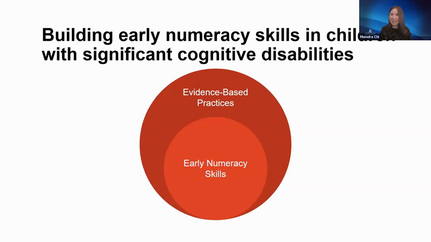Or in the case of the students that we're talking about today, children with significant cognitive disabilities, because of a slow developmental progression. So for these children, it's really important to provide more intensive interventions that are explicitly going to teach those lacking early numeracy skills, beginning in kindergarten and extending through elementary and secondary schooling. So it's never going to be too late to teach these strategies and skills to our students.